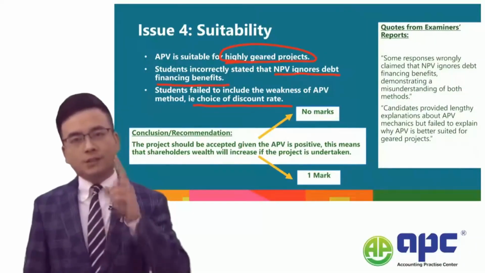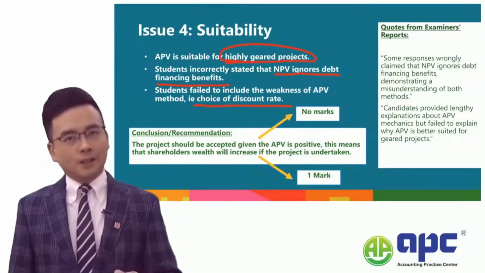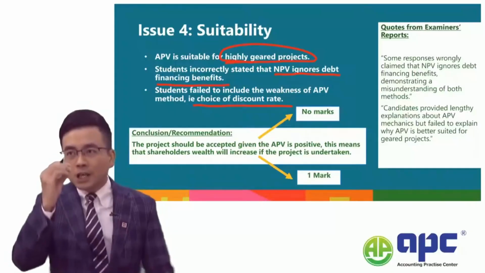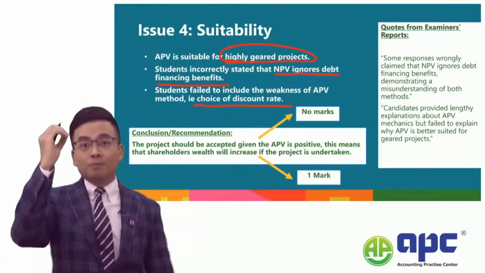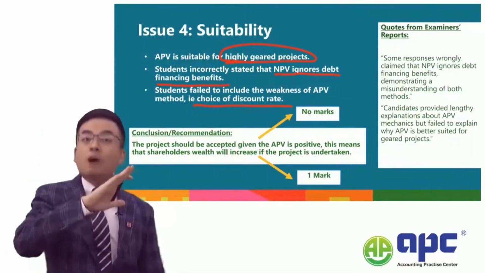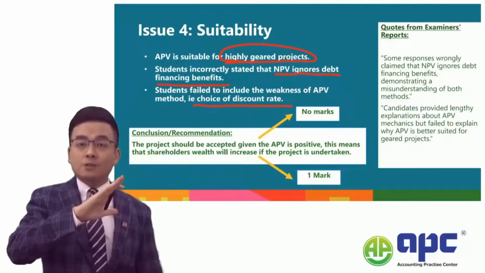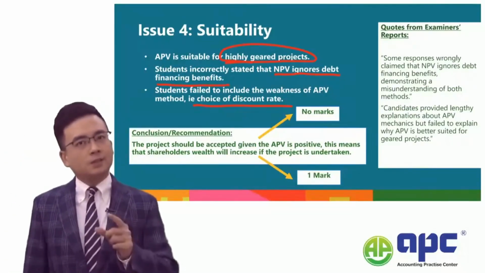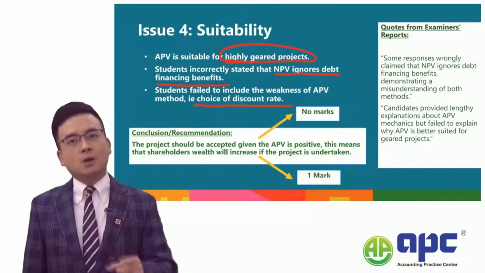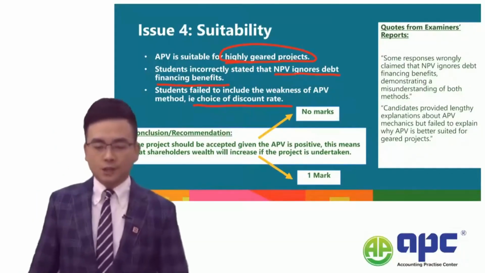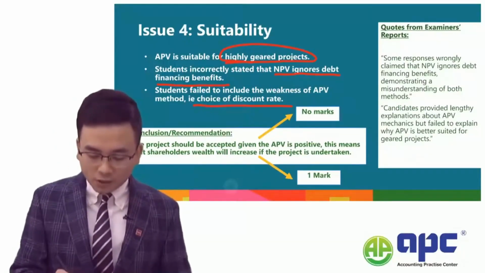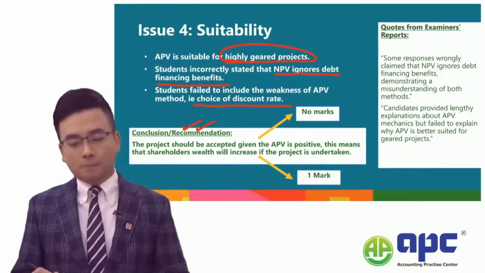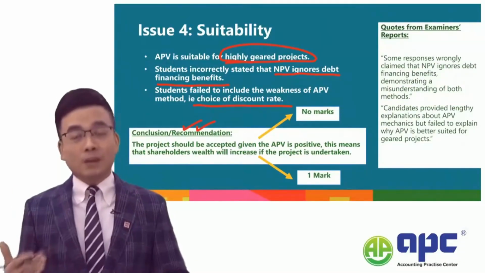Now, one secret I would like to share with you regarding your AFM exam, which could possibly increase your mark by 1, turning a marginal fail of 49 into a passing mark of 50, is that in any given NPV or APV question, you will have to make a recommendation on whether or not we should accept that project.